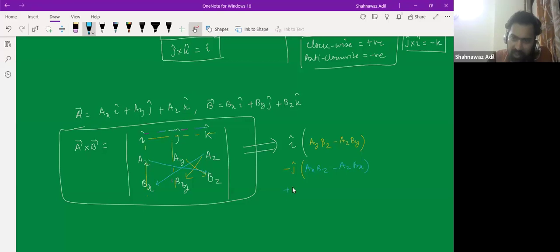And then K hat. I ignore the K column and K row, and what remains is this one and this one. So this is AX BY minus AY BX. So this is the determinant formula.